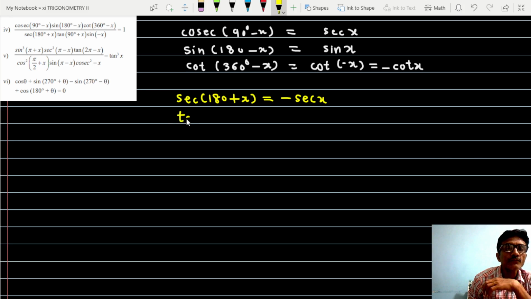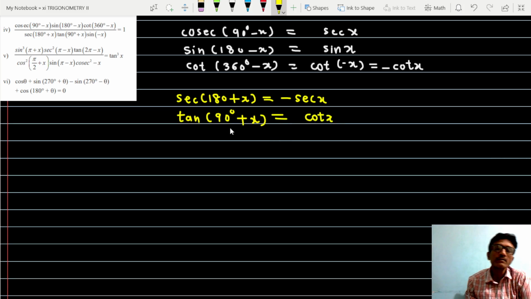Tan of 90 plus x: with 90 degree it changes, it will be cot x, and 90 plus x is in the second quadrant, so in the second quadrant tan and cot are negative. Sin of minus theta is minus sin theta, this is an even odd function. So that is equal to minus sin x. So all these values we will substitute in LHS.